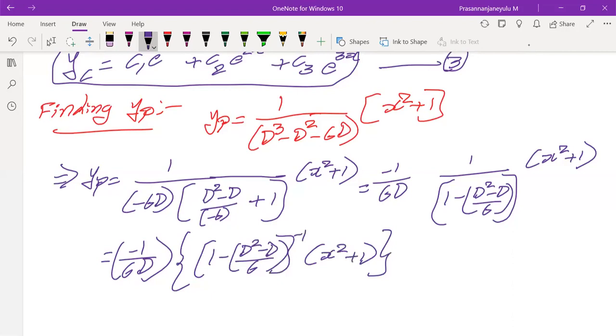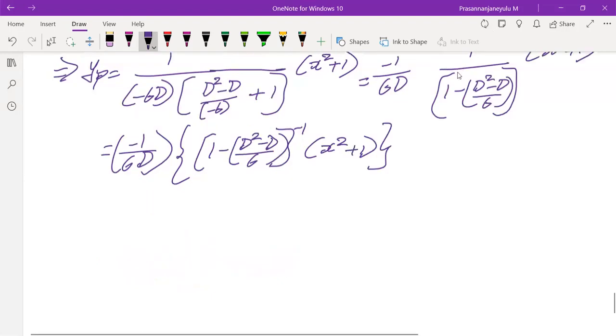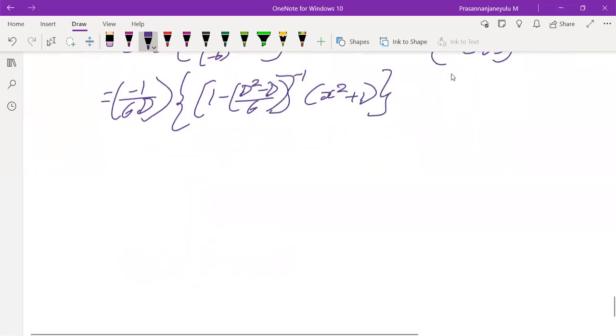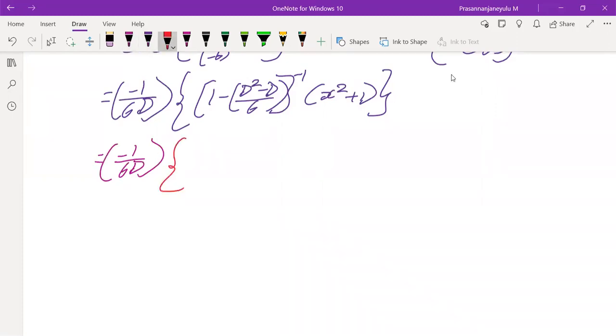Now, if we observe the braces, it's like the expansion of 1 minus x whole power minus 1. So now expanding it, minus 1 by 6D as it is, of 1 plus x, D square minus D by 6, plus, do I have to go for one more term or not?